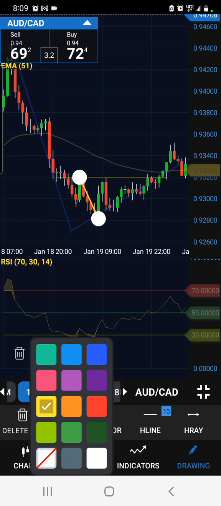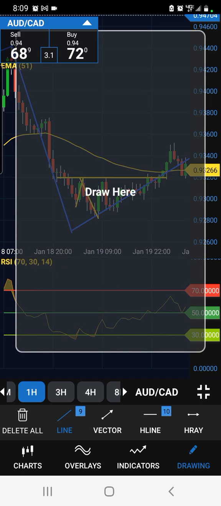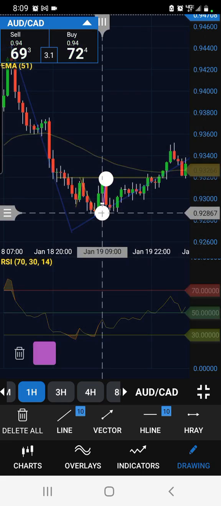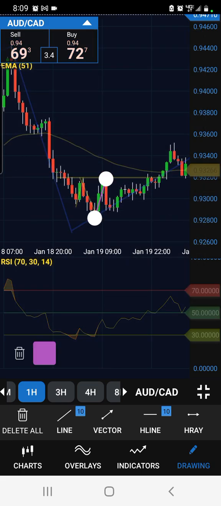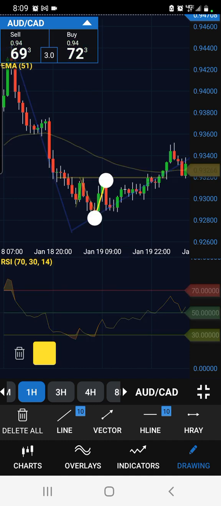So I'm going to draw some lines right here so y'all can see what I'm talking about. And then we'll go from there. All right, you see the equal high, right? That was formed on the chart.